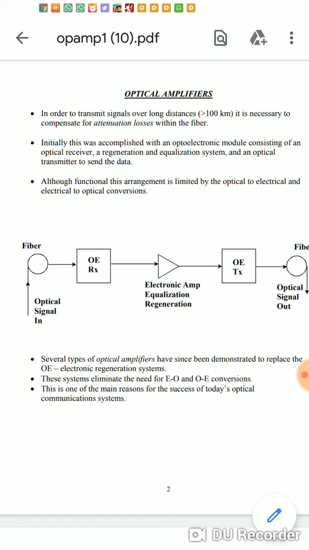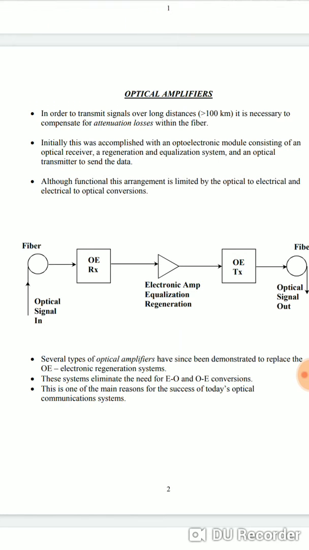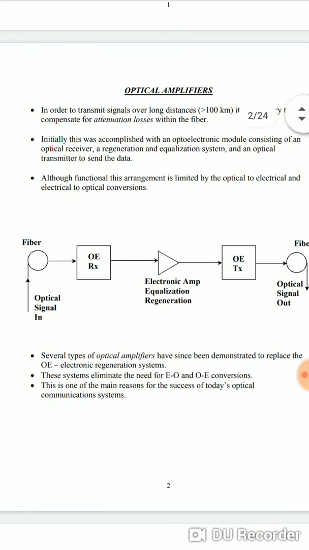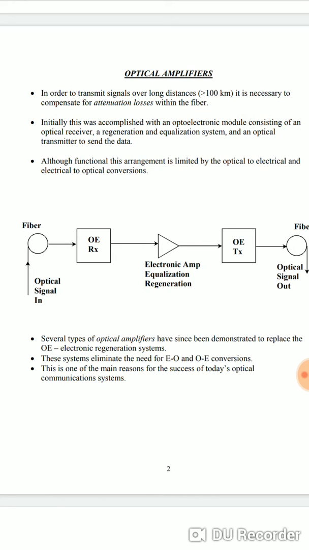But when the new concept of optical amplifier was invented, the conversion part was removed. That is the basic difference between the traditional method for amplification of light and the current methods for amplification of light. In the optical amplifier, whatever we are going to see, this conversion process is avoided.